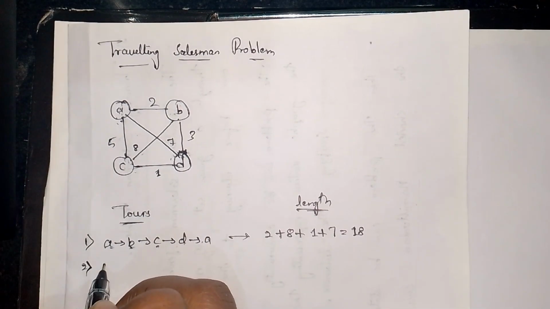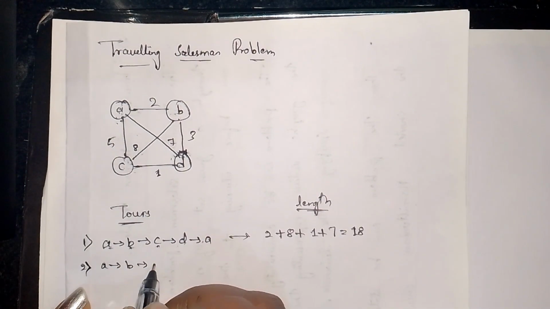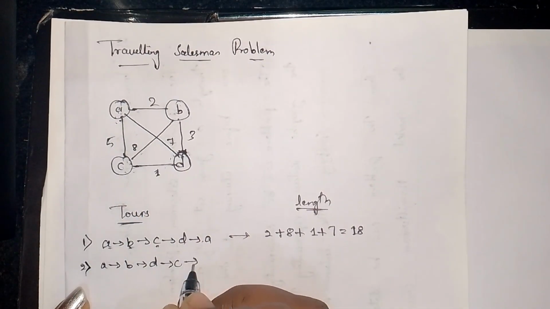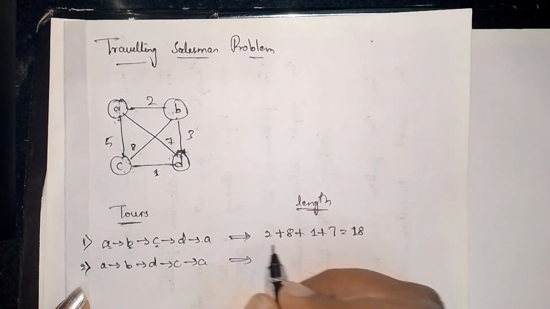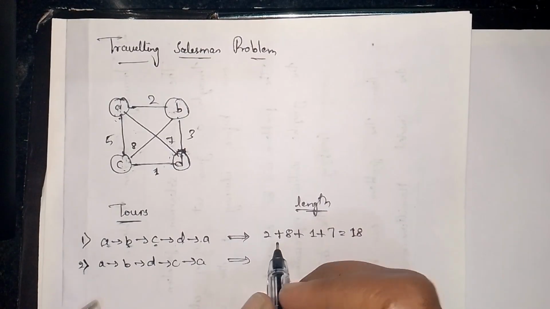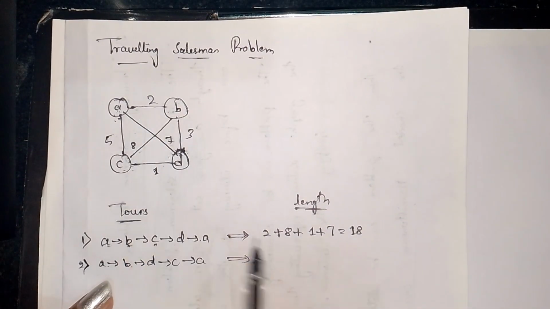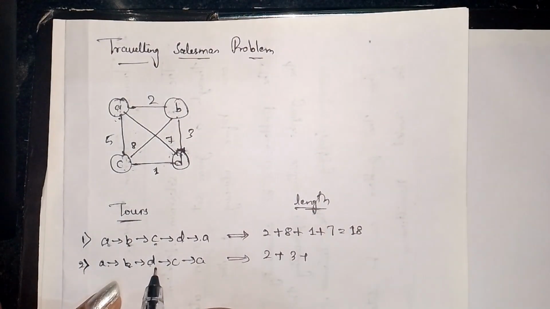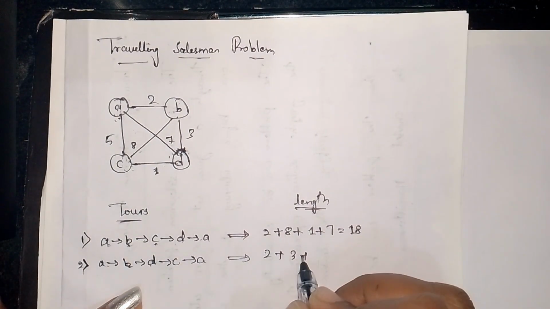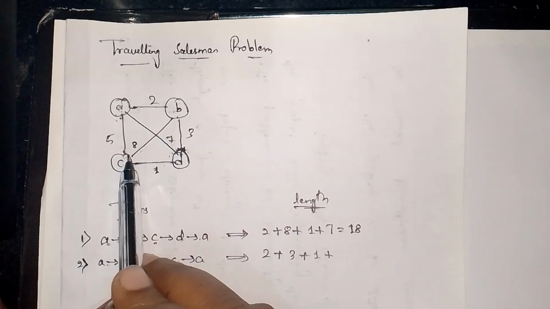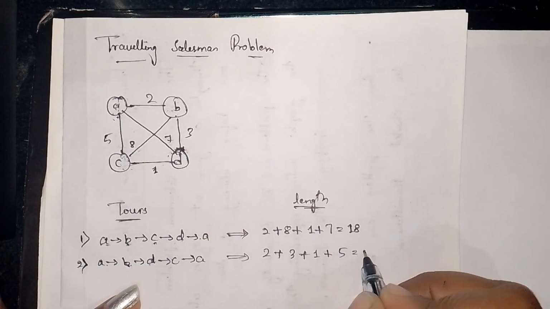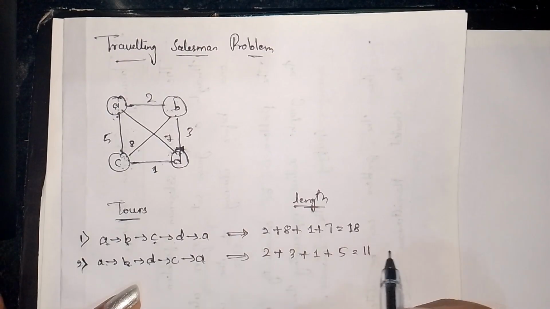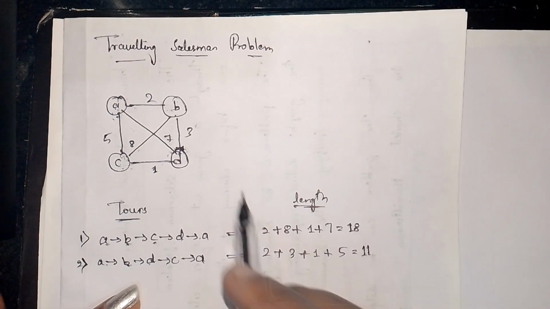Now this path can be written as A to B, B to D, D to C, and C to A. If we calculate the distance, A to B is 2, plus B to D is 3, plus D to C is 1, plus C to A is 5. We will get 11 as the total distance he has travelled to visit each city.